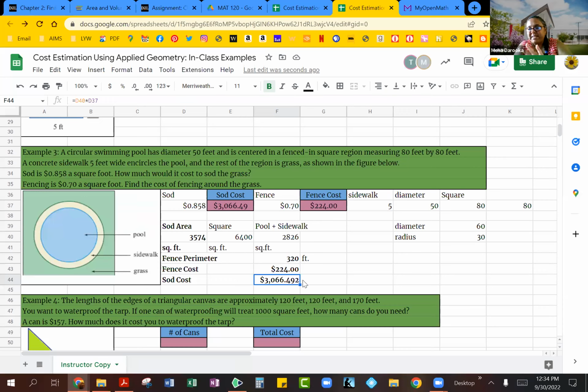Instead of keeping 3 decimals at the end, you want to round it to 2 decimal places. So I'm not moving the decimal, I'm just reducing the number of decimal places. Because when you're talking dollar amount, you want to leave it at 49 cents instead of 49 and then another 2 at the end of it. So we're not moving the decimal, we're just reducing the number of decimal places in the final answer.